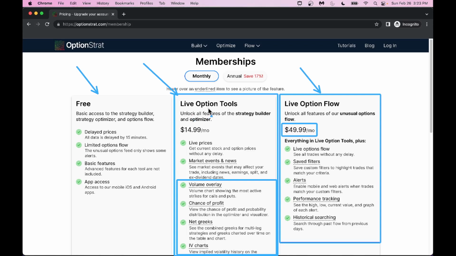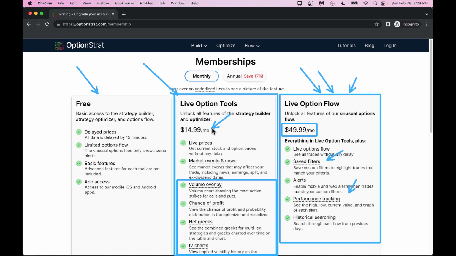And I might consider going into live option flow a little bit later in the year, mainly because it's got some features around saved filters, which is a great saver, and you could look at some of the performance tracking and historical searching. That's why I might consider this later this year, but right now I'm super happy with my live options tools, which is about $15 per month.